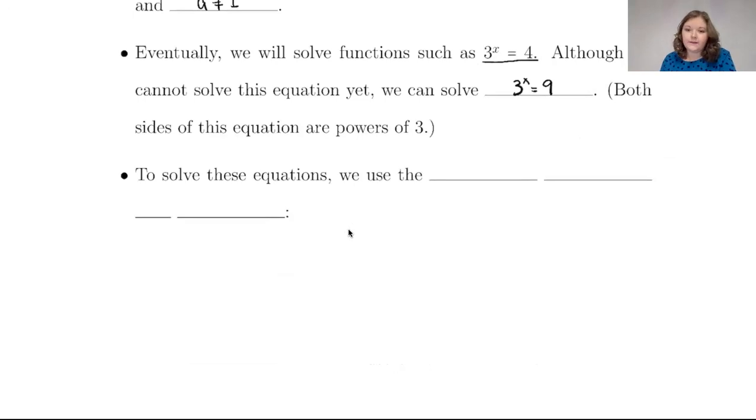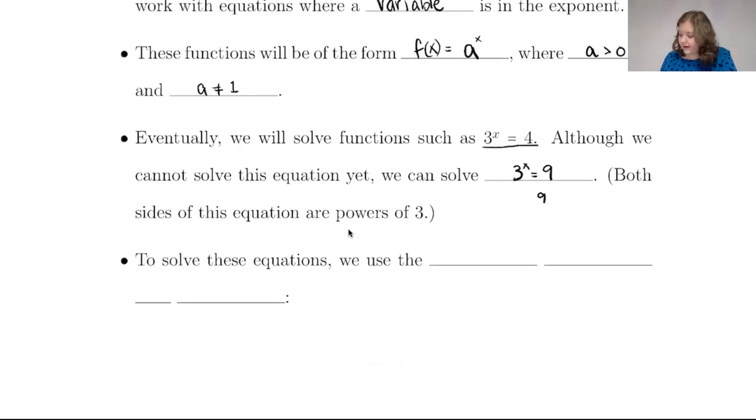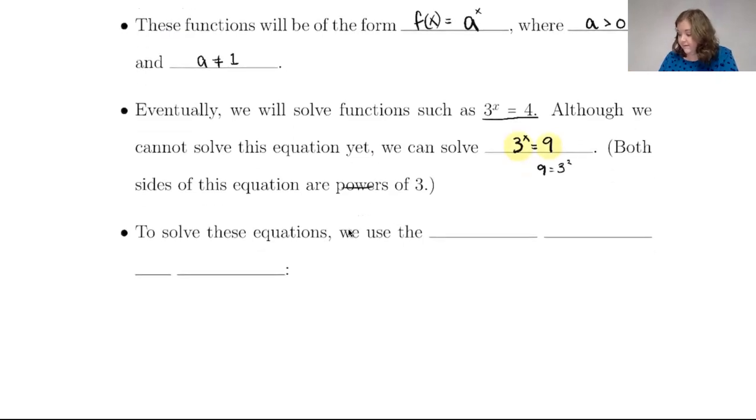Well, the reason that 3 to the x equals 9 is different than 3 to the x equals 4 is because 9 is a power of 3. 9 is equal to 3 squared. So there's a relationship between this side of the equation and this one, and it's the fact that they have the same base, which is 3. They're both powers of 3.